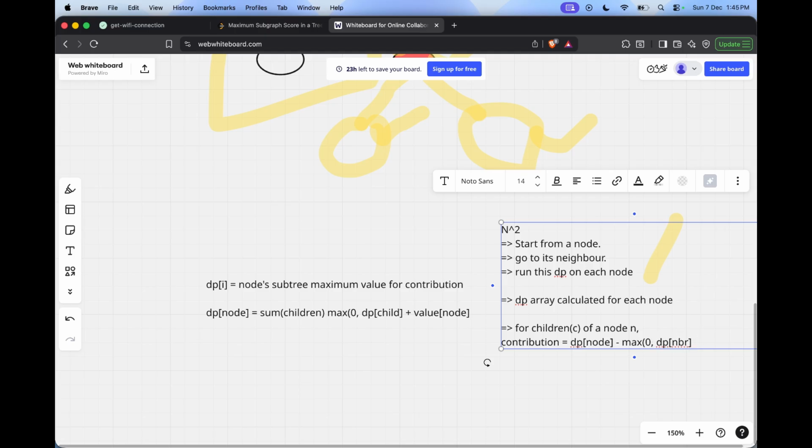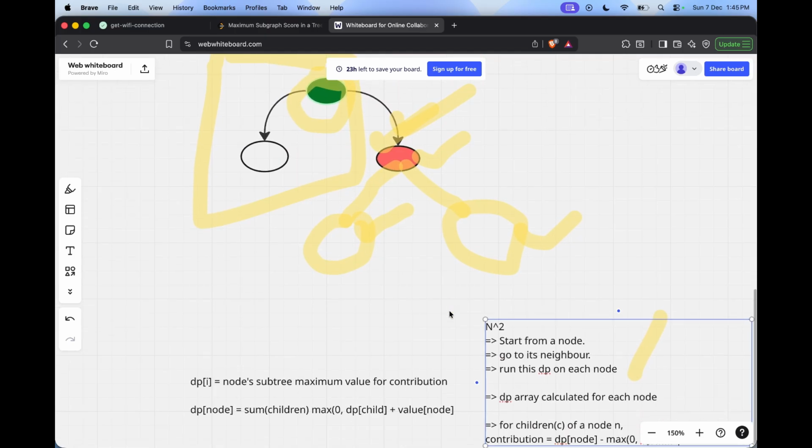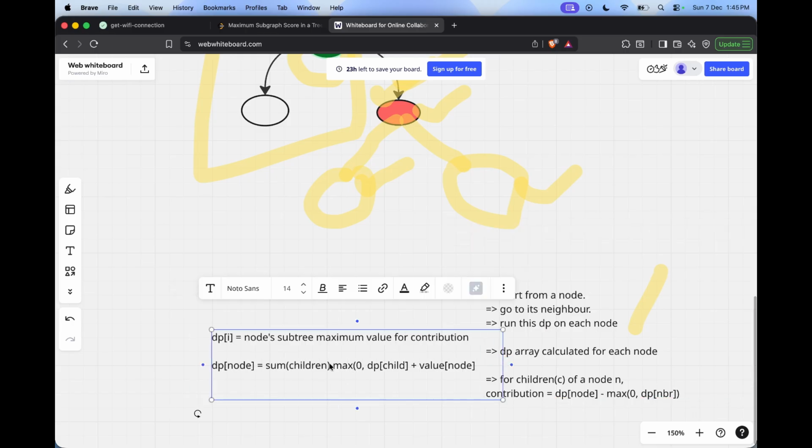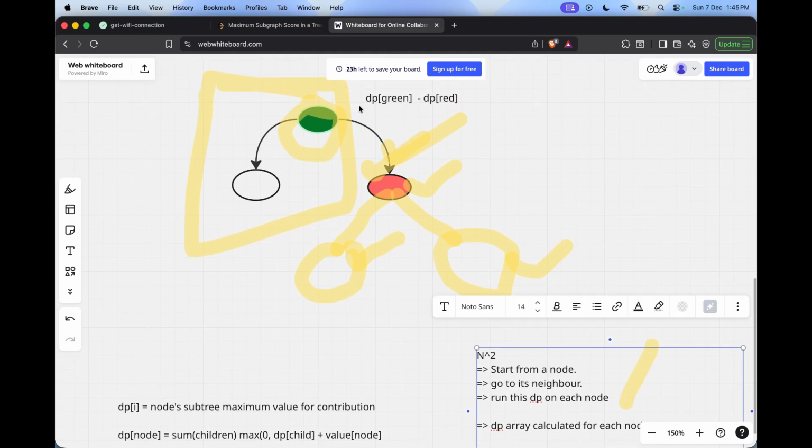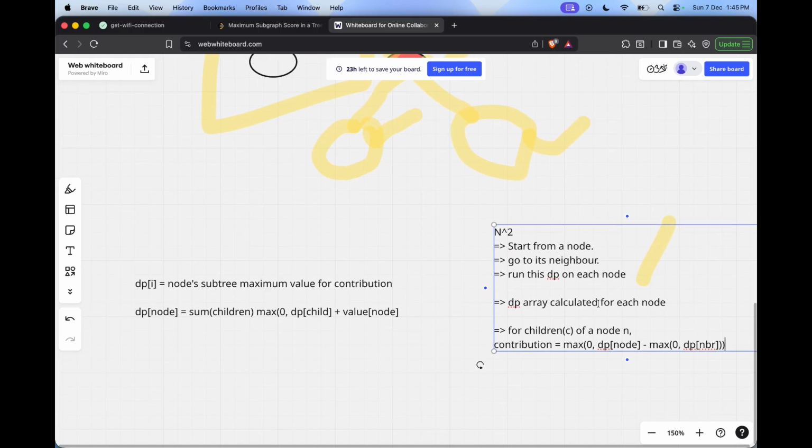Why? Because we are not considering negative terms here. Now if the contribution is negative again, then no need to consider it, take max with 0 again. So this gives us the contribution due to the above subtree, and using this optimization we can solve.